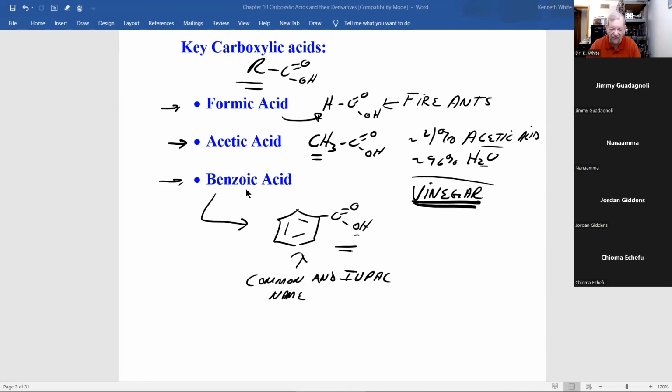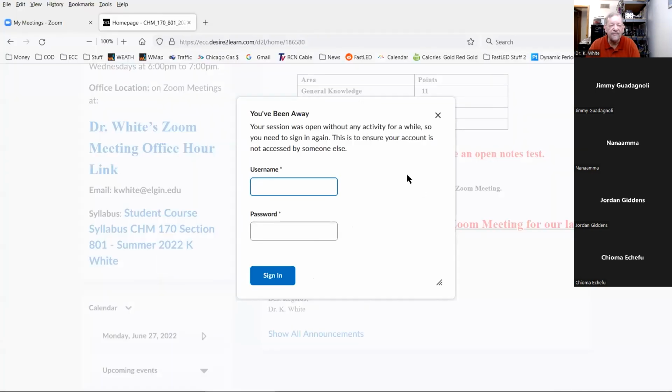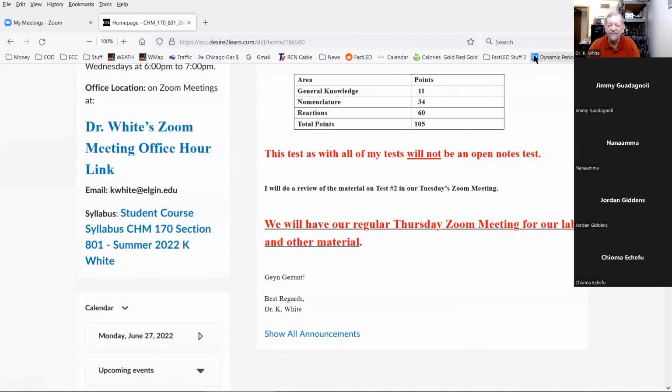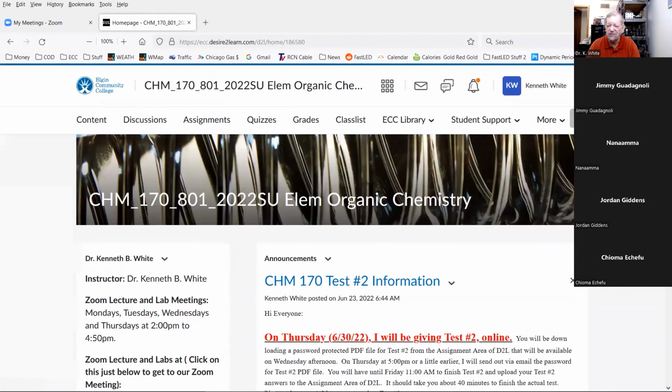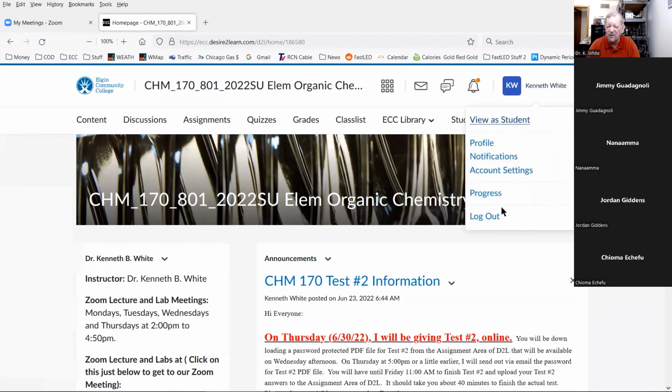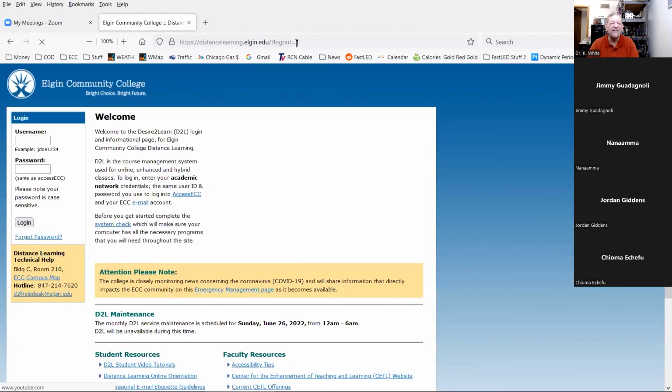carboxylic acid common names. Oh, I was going to show you something. Let me just close this down because it was yelling at me. You've been away too long.